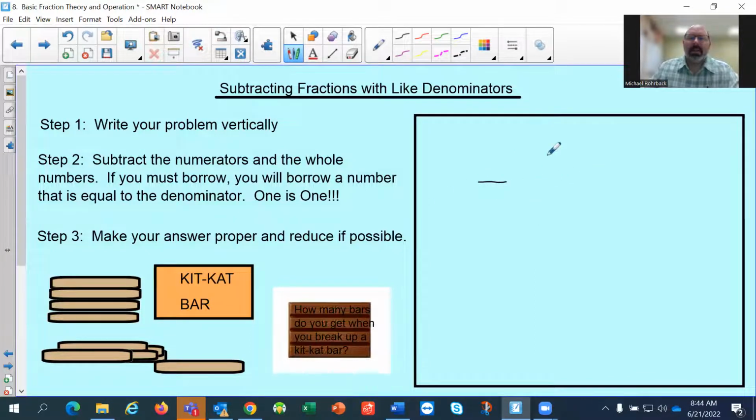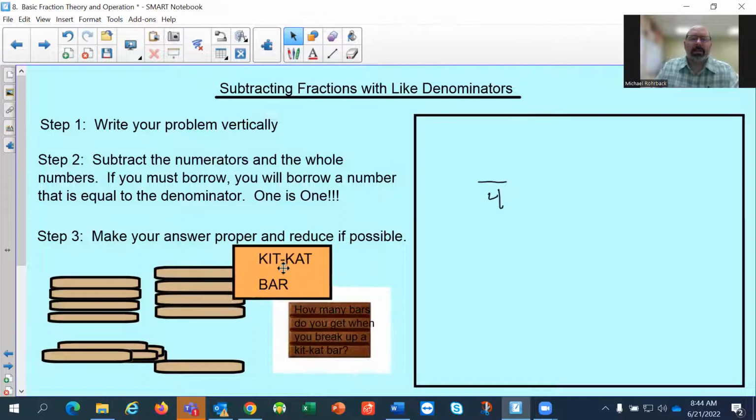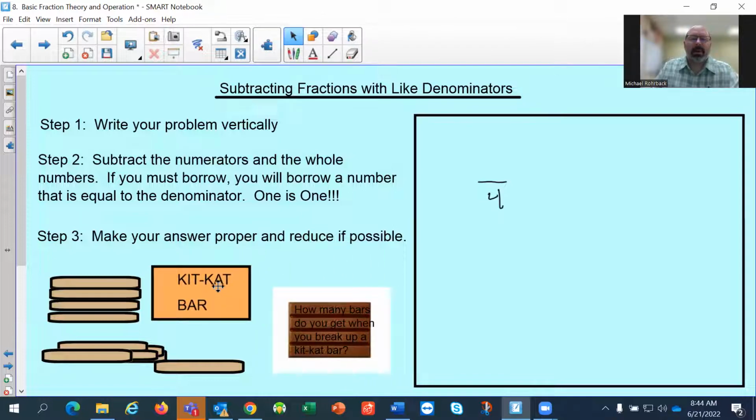So for example, if you open a package of a regular size Kit Kat bar, there are 4 Kit Kat sticks inside. So it would look something like this, right? There'd be 4 sticks inside a Kit Kat bar wrapper. So if we have, for example, 1 Kit Kat bar, that is equal to 4 out of 4 pieces.